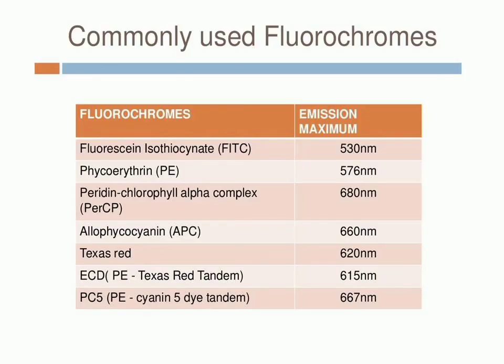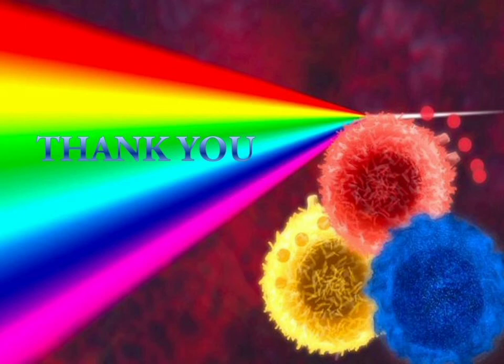Commonly used fluorochromes are FITC, that is fluorescein isothiocyanate, with 530 nanometer emission; PE, phycoerythrin; peridinin chlorophyll alpha complex, PerCP, with 680 nanometer emission; allophycocyanin, APC; Texas Red; ECD; and PC5.